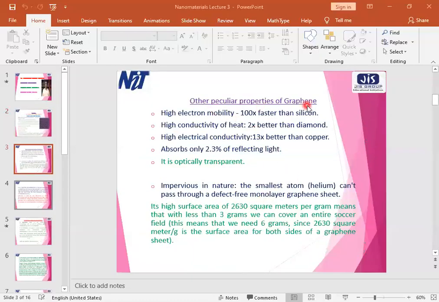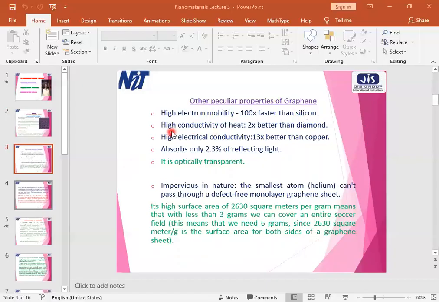Now, other peculiar properties of graphene: it has high electron mobility. How much? Nearly 100 times faster than silicon. We know that the mobility of electrons in silicon is very high, and the mobility of electrons in the graphene sheet is 100 times faster than that.